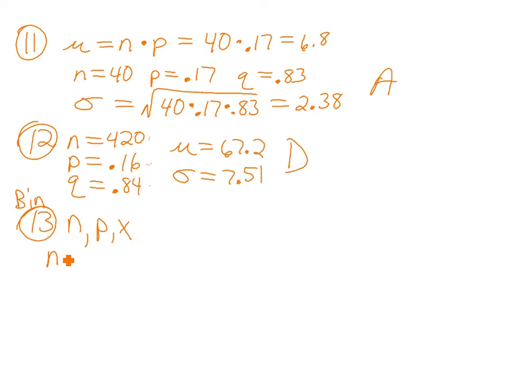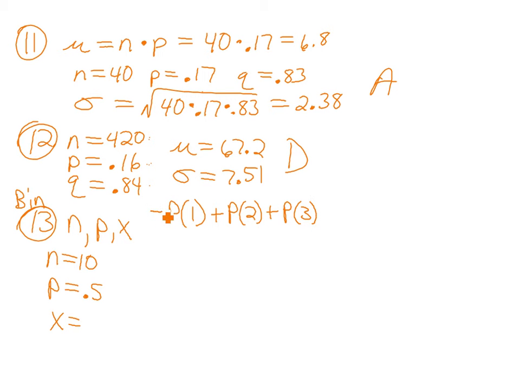This time N is 10, because we're taking 10 total births. P is 0.5, and our X this time, since we want the probability of at most, let me read it again to make sure. Probability of at most 3 boys, so that means we want the probability of 1 plus the probability of 2 plus the probability of 3.